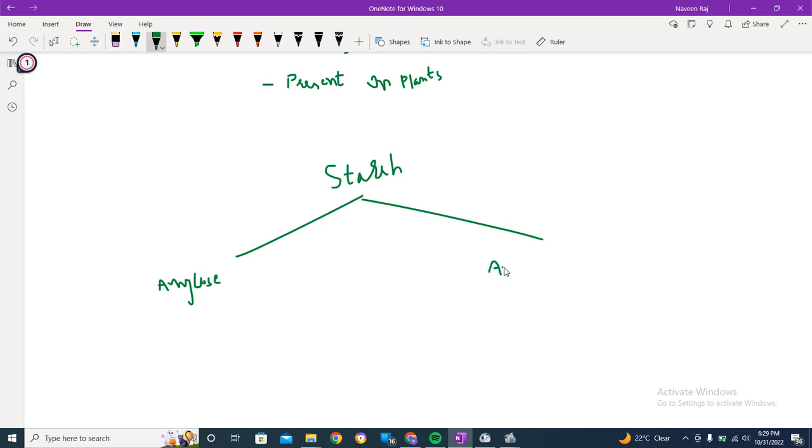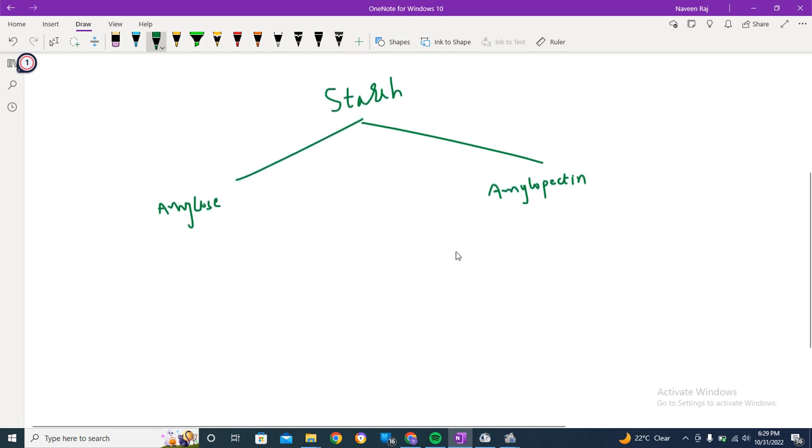These are both constituents: amylose is around 15 to 20%, and amylopectin is around 80 to 85%.